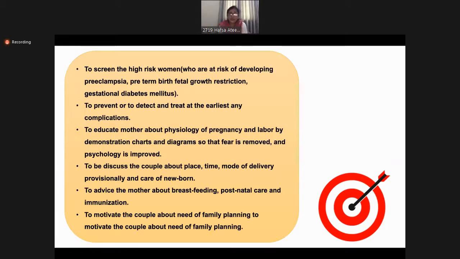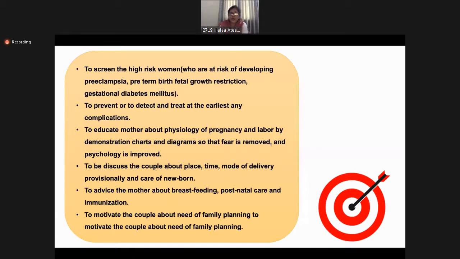So a pregnant patient, when she goes through this antenatal period, should have certain help which is provided during the antenatal care period. Next, to discuss with the couple the place, time, and mode of delivery, provisionally, and care of the newborn.